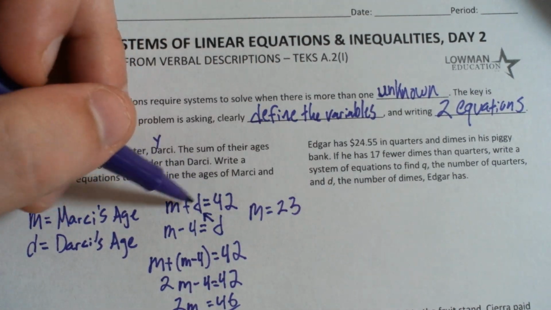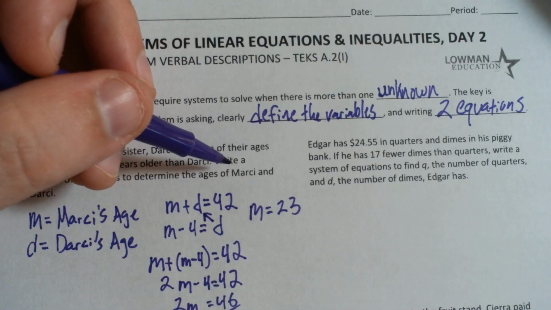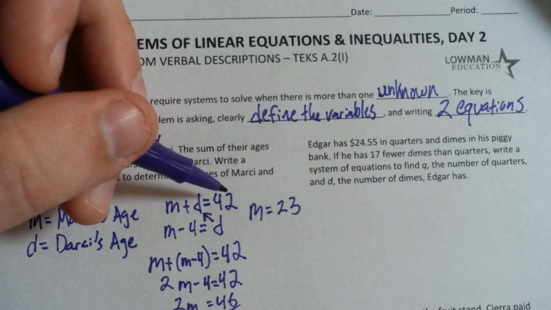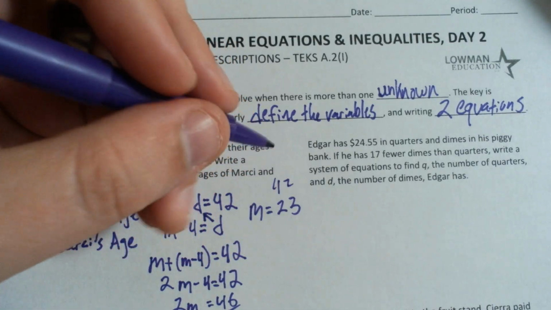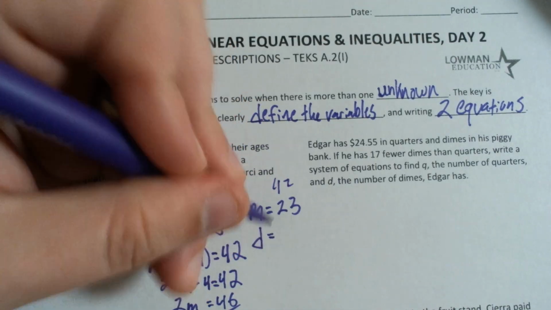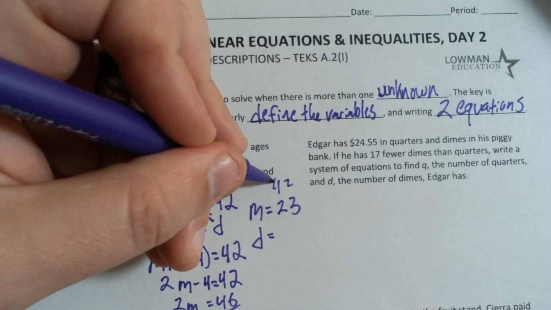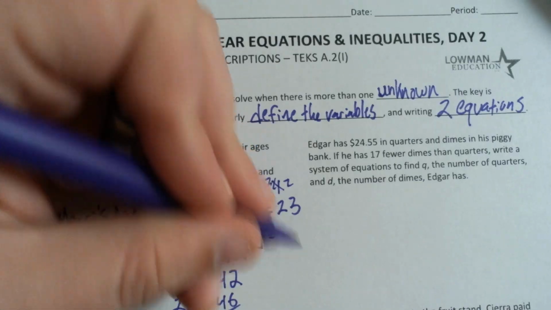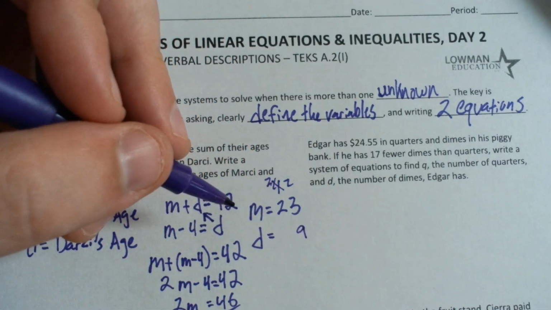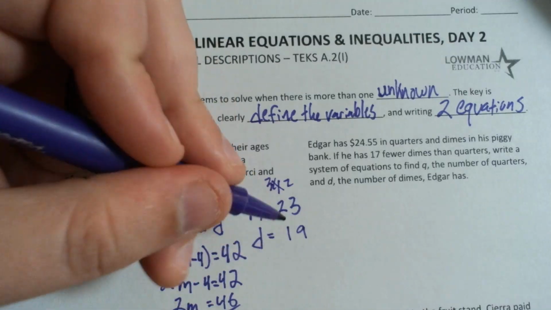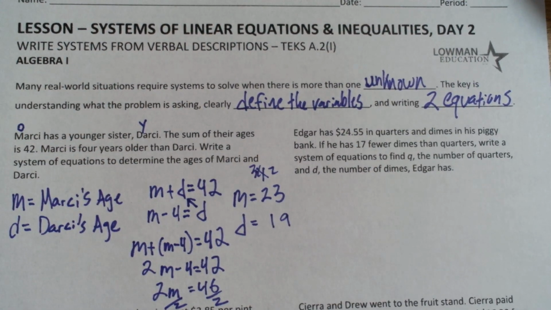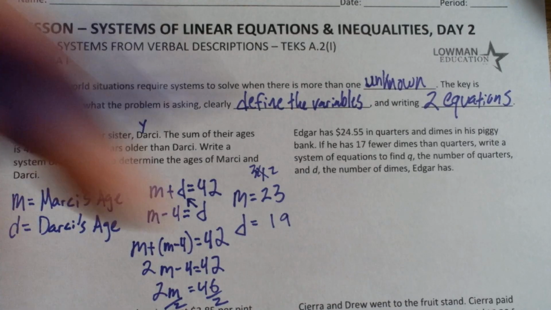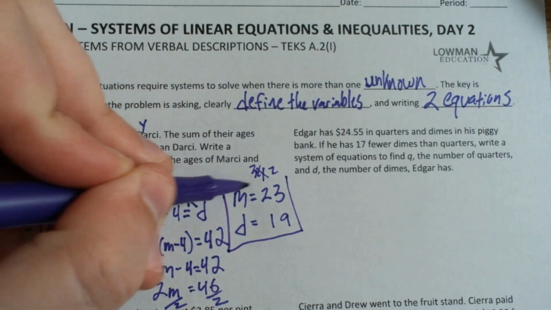And then I just do 23 plus what is 42. So if I do 42 minus 23, that would be 19. And we get the ages. Those are the only two ages that are 4 years apart that would add up to 42.